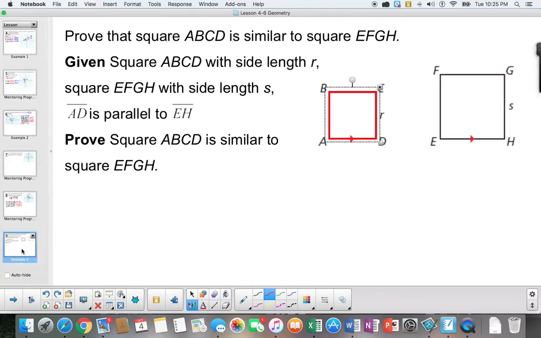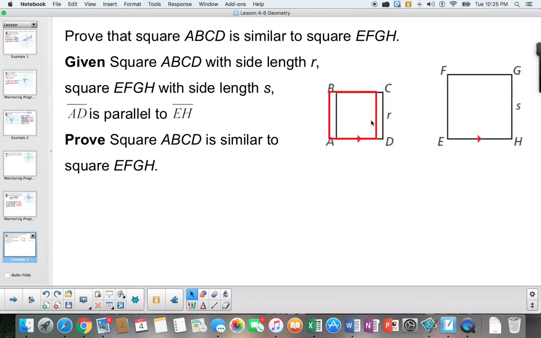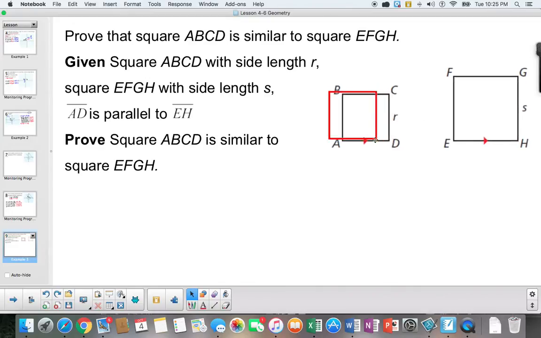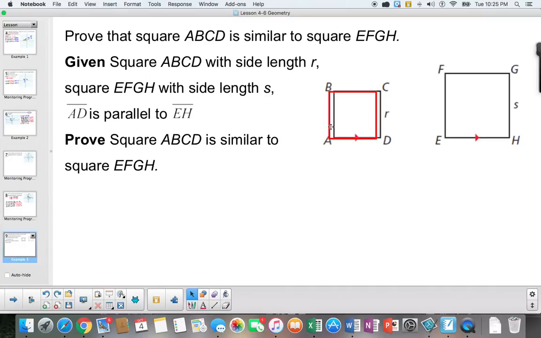Okay, how can we prove a square ABCD is similar to another square? And so I have this square right here, and what I'm going to do is translate this over to here.